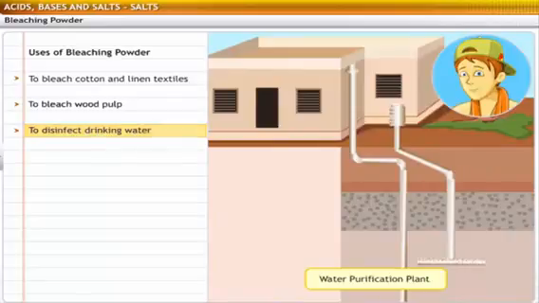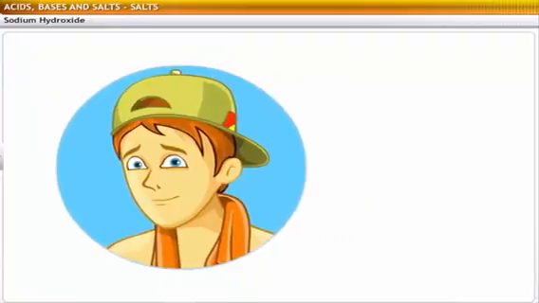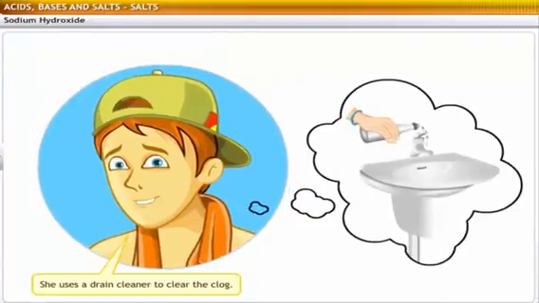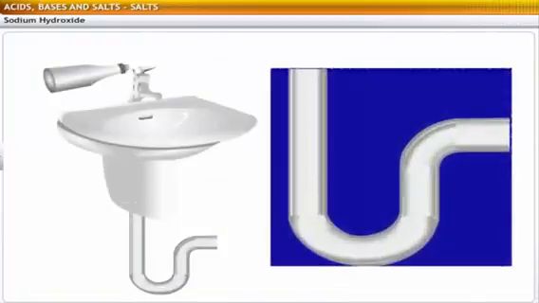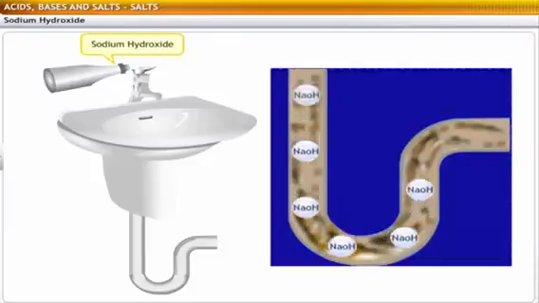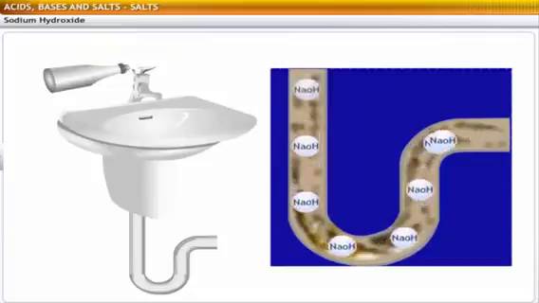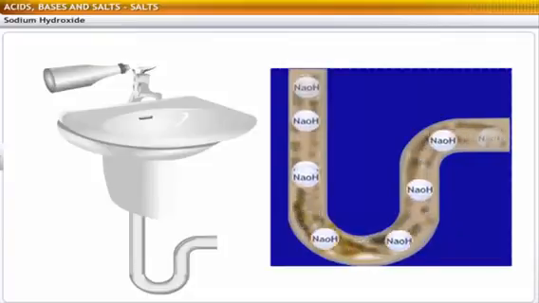What does your mother do when the kitchen drain is blocked? She uses a drain cleaner to clean the clog. Did you know? The drain cleaner contains sodium hydroxide, which cleans the clog formed in the drain. When the pipe is clogged, it is because of a combination of fats and grease.